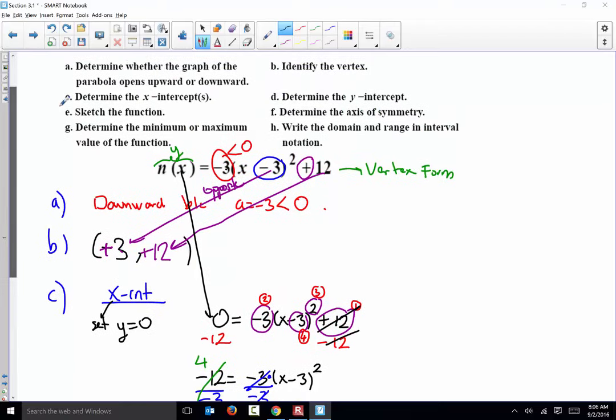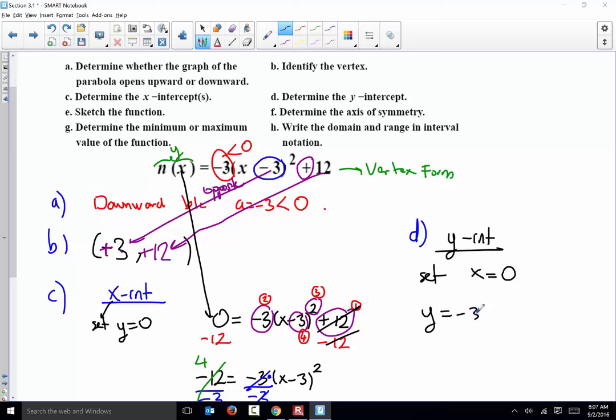Alright, let's get part D, which is y-intercept. For x-intercept, you set y into 0. For y-intercept, guess what you're gonna set into 0? X. In this formula. And this is always easier than the x-intercept because you don't have to worry about moving things around. This thing is gonna be 0.